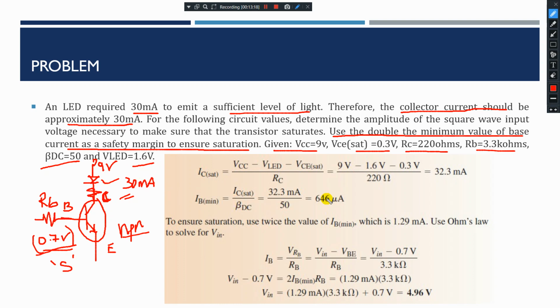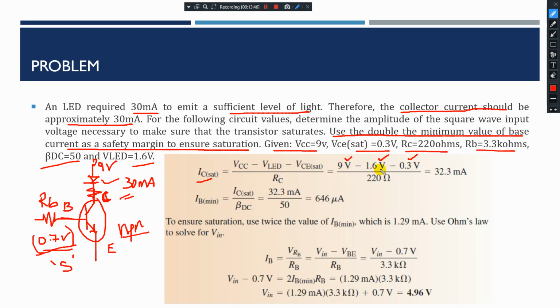Now let us solve this. What is IC? IC is nothing but the current flowing through the collector. So IC is equal to VCC minus VLED minus VCE, divided by RC. VCC is 9 volt. The voltage of the LED to be in on condition is 1.6 volts. VCE, the collector to emitter saturation voltage, is 0.3.